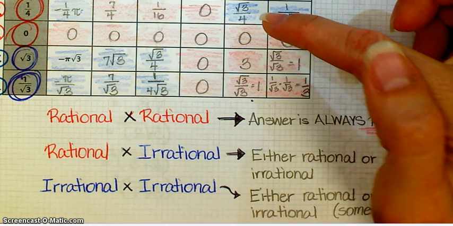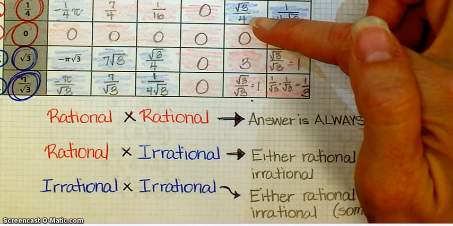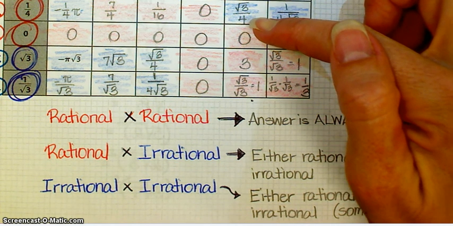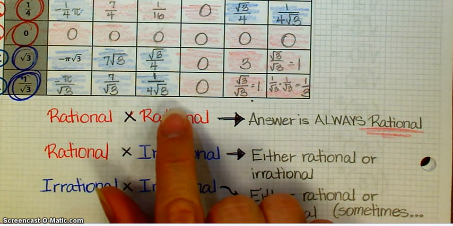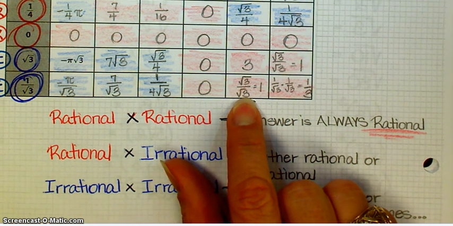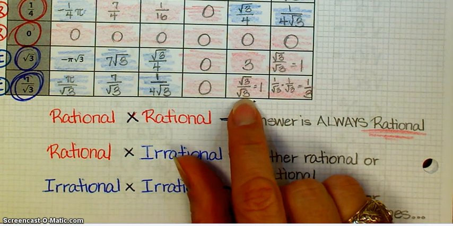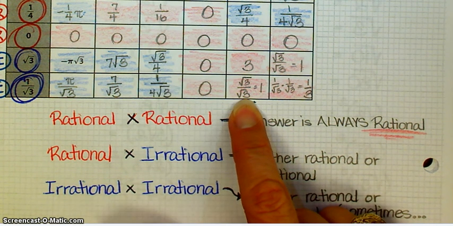So for instance, this one was 1/4 times the square root of 3, and that was irrational. But 1 over the square root of 3 times the square root of 3 really is square root of 3 over square root of 3, and that comes out to be 1. So that one, you had a rational and an irrational.